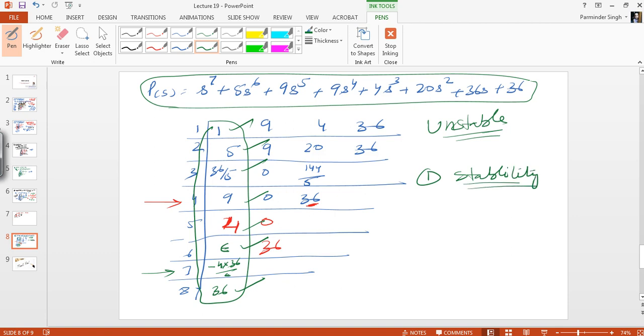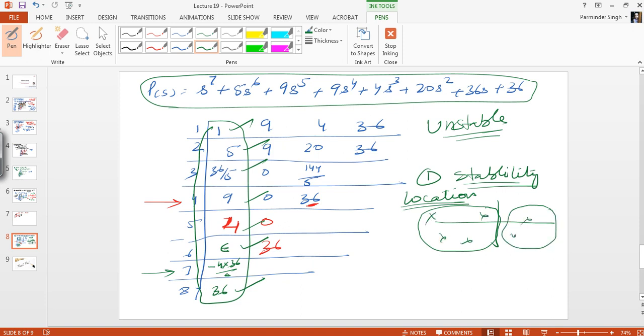It doesn't tell us the exact location of the roots. It tells us yes, the roots are stable, they are lying over here, or the roots are unstable, they are lying over here, but it doesn't tell us the exact location where the roots are. So that's the number 1 drawback.